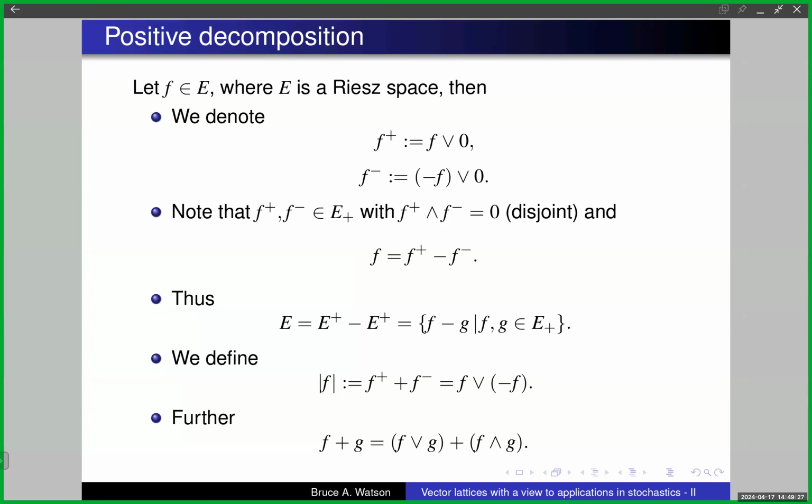No, I'm saying if f is also g minus h for some other g and h in E plus, is it not true that g is less than or equal to f plus and h is less than or equal to f minus? Right. The f plus and f minus are the minimal elements from the positive cone required to express f as the difference of the two.